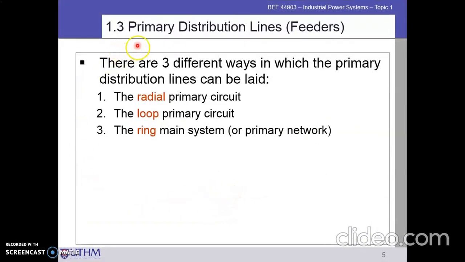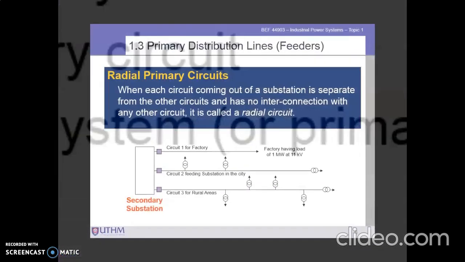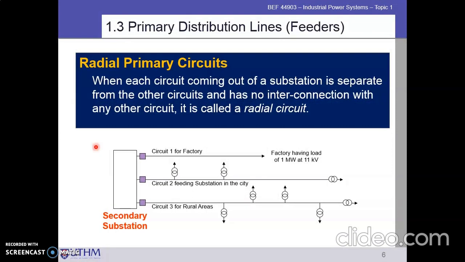Okay, still for the primary feeders, there are 3 types. The first one is radial, the second one is loop, and the third one is ring. First, we go to the radial primary circuit. This one you already learned in utilization.